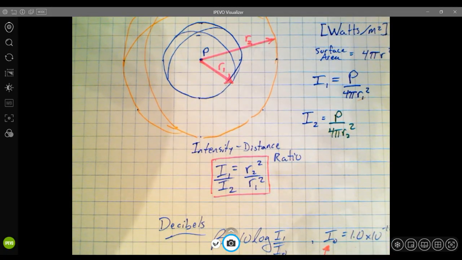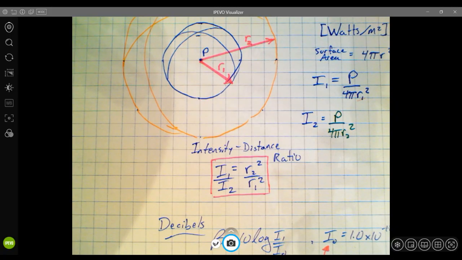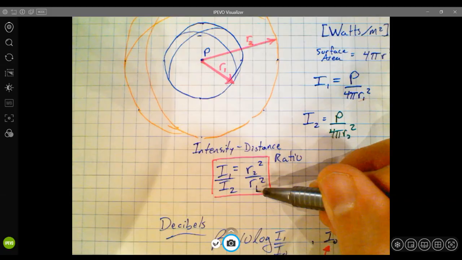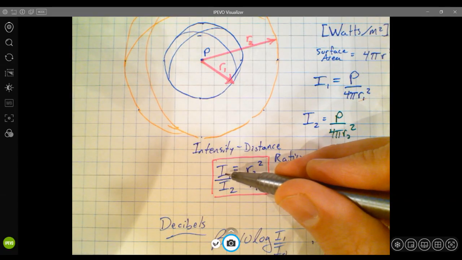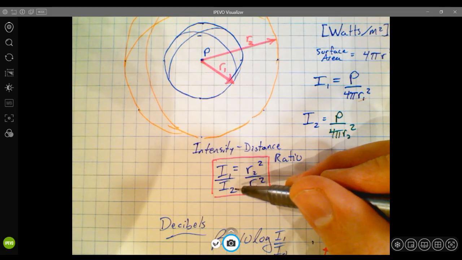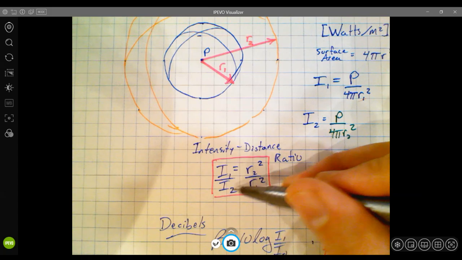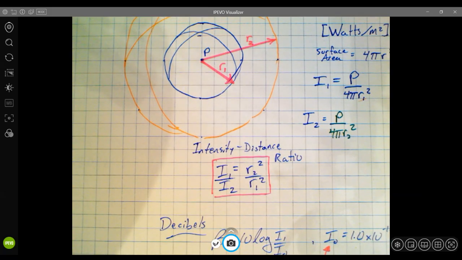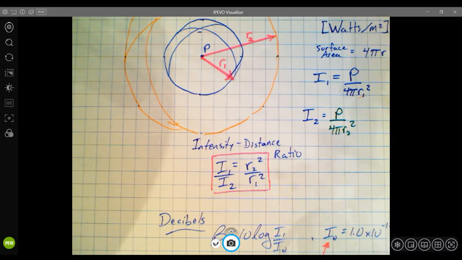So this intensity distance ratio comes out of this conversation. Since distances are easy to measure and intensities may be a little harder to measure, we can predict what an intensity of sound is going to be at a certain distance away from a source if we know what the intensity is at a given distance away from the source.